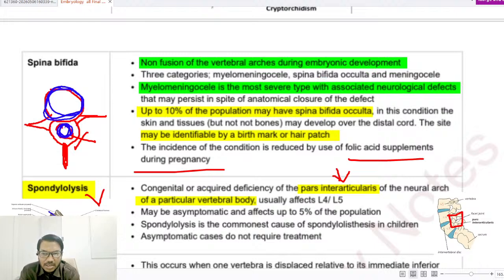This is the body and all other parts are the spine or the arches. Non-fusion of the vertebral arches during embryonic development causes spina bifida. Up to 10% of the population may have spina bifida occulta, which may be identified by a birthmark or hair pouch.